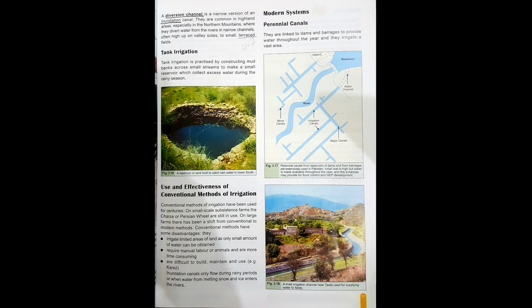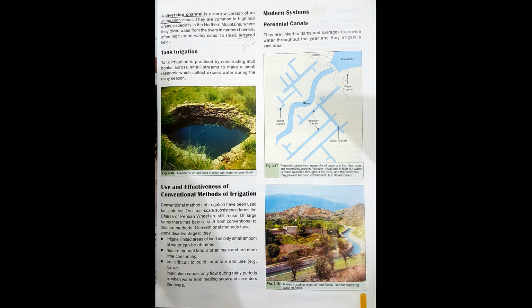Now come to modern systems. Number 1, perennial canals. They are linked to dams and barrages to provide water throughout the year and they irrigate a vast area. So students, these canals flow all the year round and thus they are known as perennial canals.